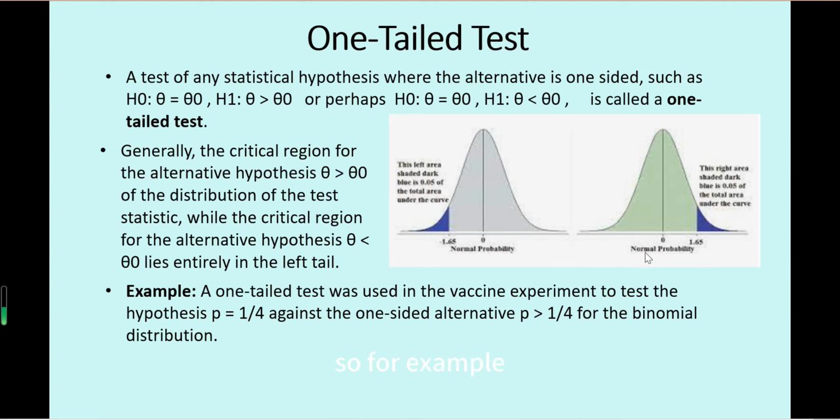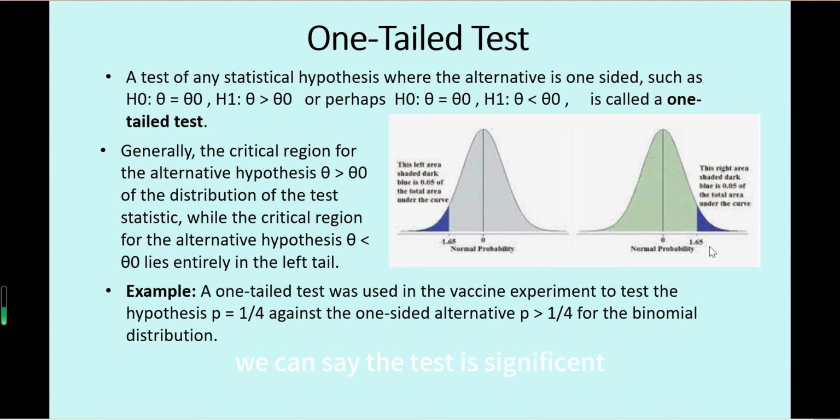For example, if the test distribution is normal and the significance level alpha is 0.05, we find the critical region is a test statistic larger than 1.65 in this one-tailed test.